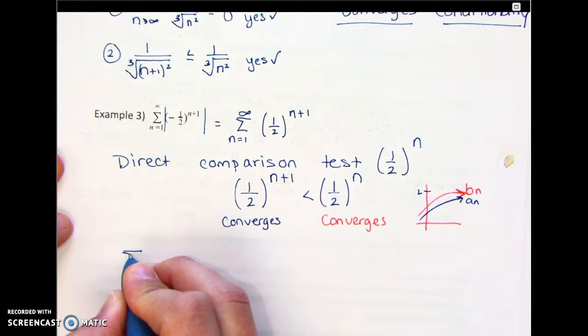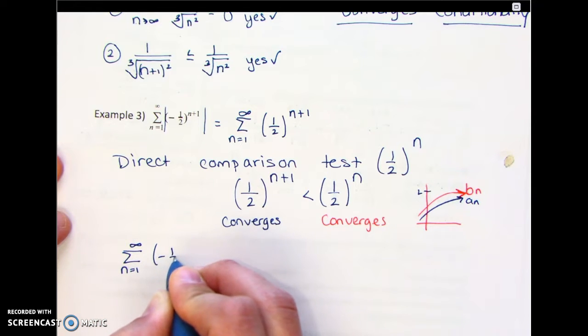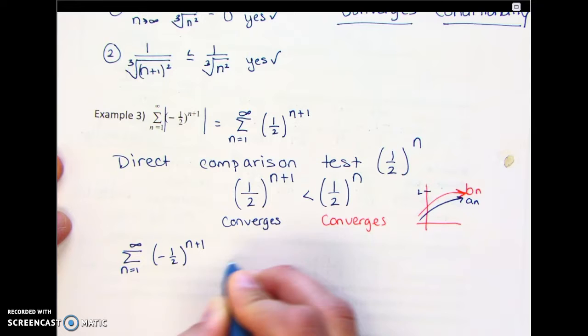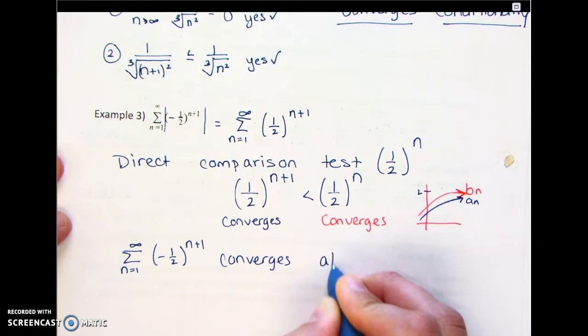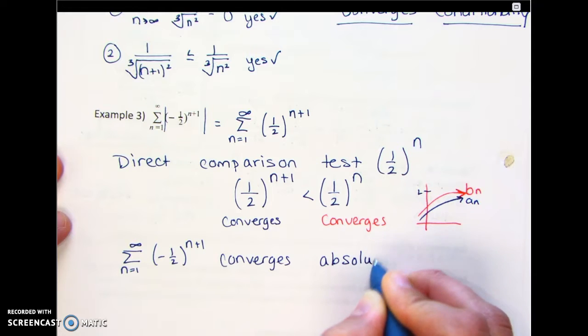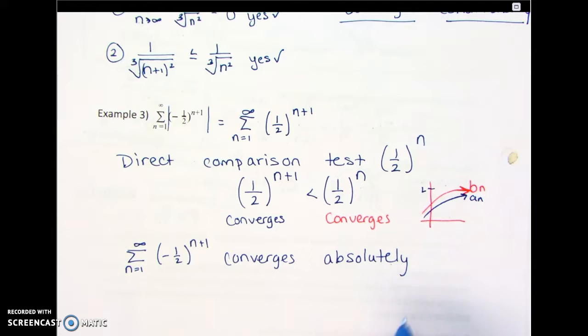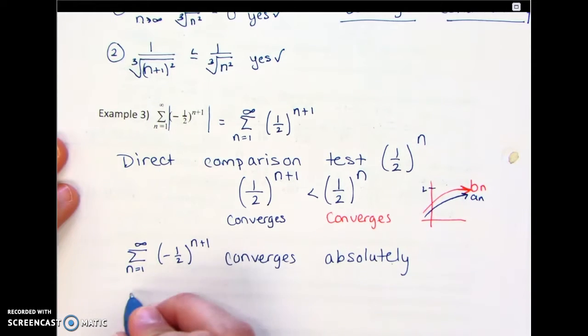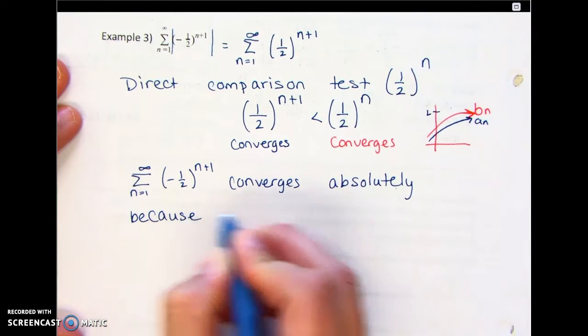So we say that this series converges absolutely. Are you sure? Absolutely. Is there an e there? Let me see. Yes, okay, there is. Converges absolutely because, well, why?